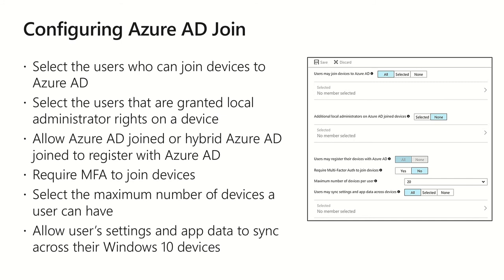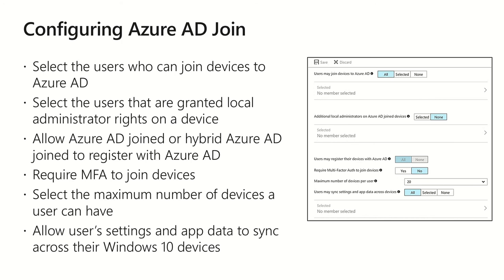So I cannot imagine, let's say you have one computer in the car, two computers at the office, two computers at home, 6 phones, 5 tablets. That's still just 15, right? How do you get 26 or 28 devices? I cannot imagine. And last, it allows users to set app data to sync across their Windows 10 devices. So that's all the policies you have.